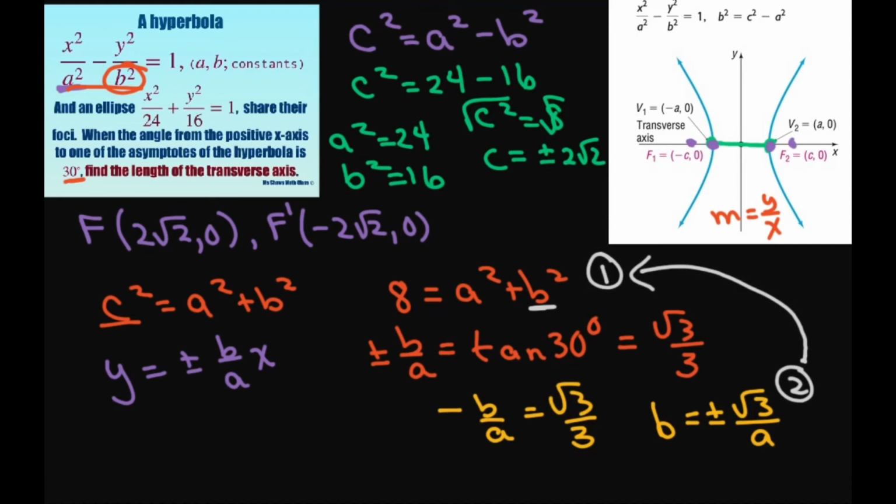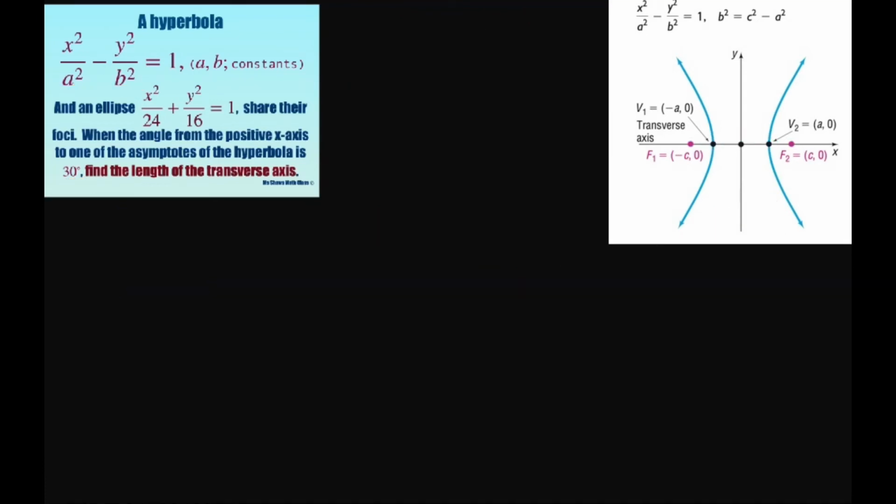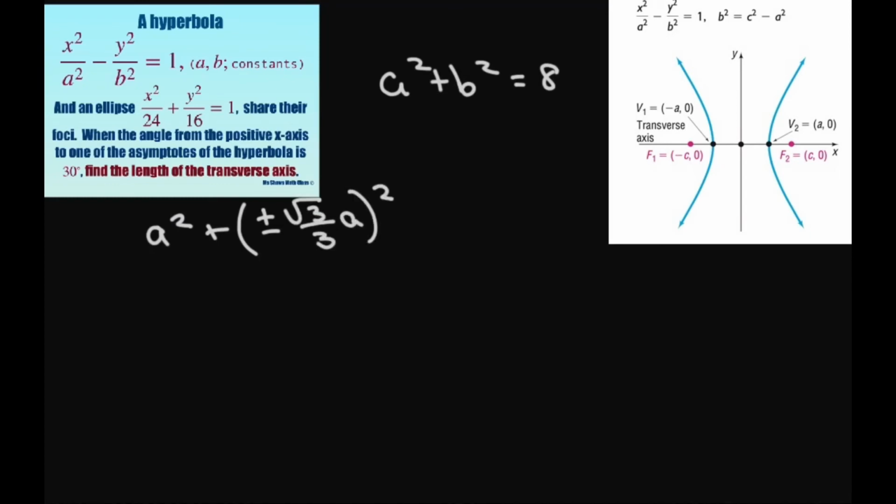Remember we had a squared plus b squared equals 8. So we have a squared plus plus or minus square root of 3 divided by 3 a, squared, and this all equals 8.